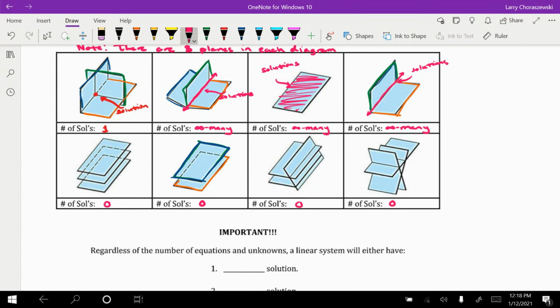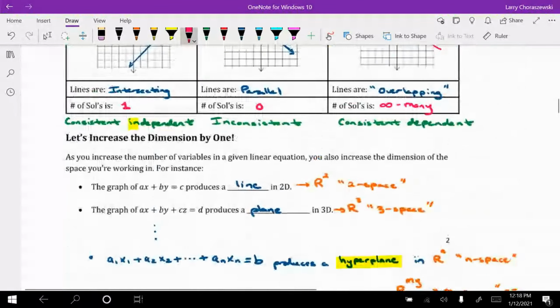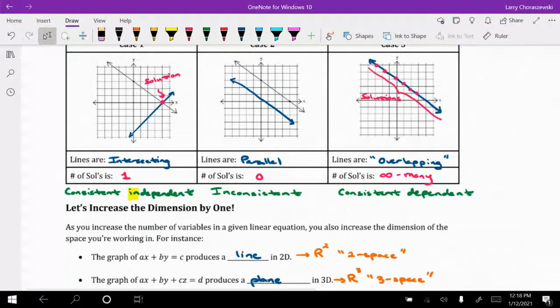So let's make a connection between the lines cases and also these recently developed plane cases. With regard to the number of solutions in the two-dimensional situation, we saw a system having one solution, we saw a system having no solution, and we saw a system having infinitely many.